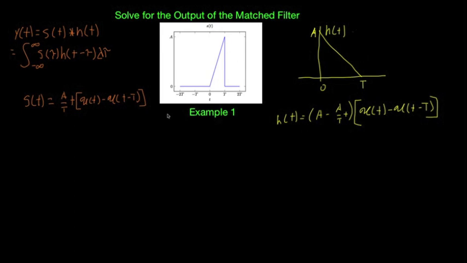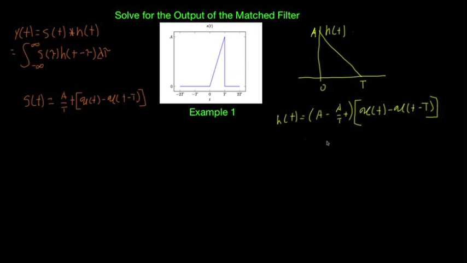Just a forewarning, this is going to be a pretty long video. This method in particular for solving for the output of the match filter is quite lengthy, and it has many steps. I'm not going to derive every single step.